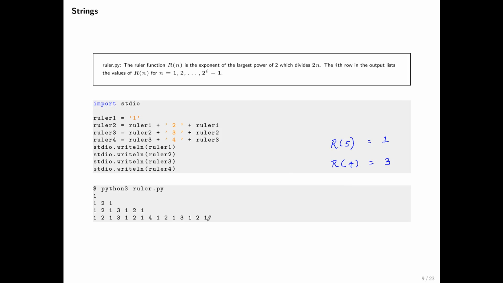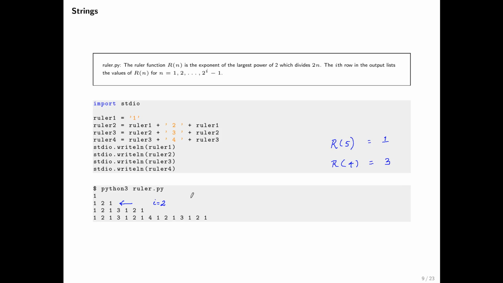And then what you see in the output here is that the ith row in the output lists the values for r(n), where n goes from 1, 2, and so on, all the way up to 2 to the i minus 1. Okay, so for example, if you take this row here, this stands for i equals 2.